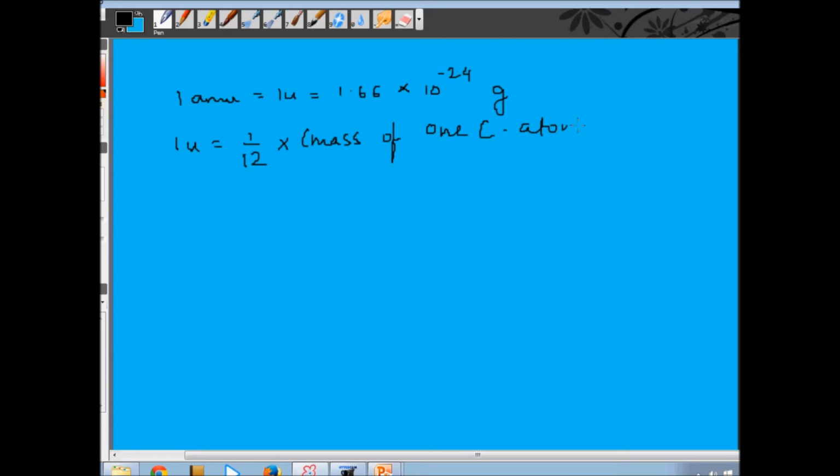So this will give me the value of U. So I need to calculate the mass of one carbon 12 atom.